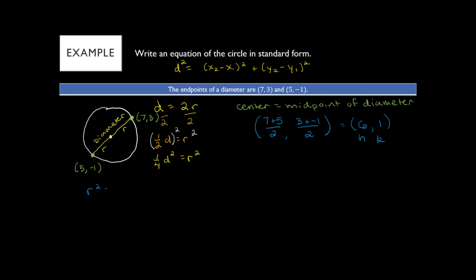So r squared is going to be 1/4 times d squared. I'm actually going to use brackets so that these don't look too confusing. So for d squared, we have x2 minus x1. So x2 is 5, x1 is 7. So (5 minus 7) squared plus y2 minus y1. I'm literally just taking the second point minus the first point. So that's (-1 minus 3) squared.